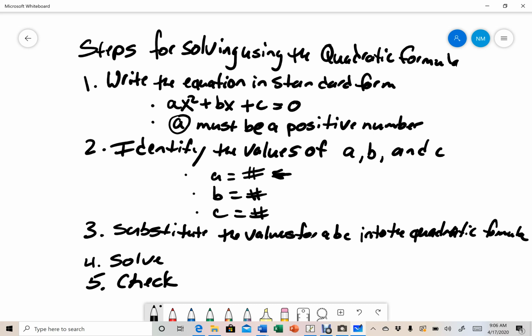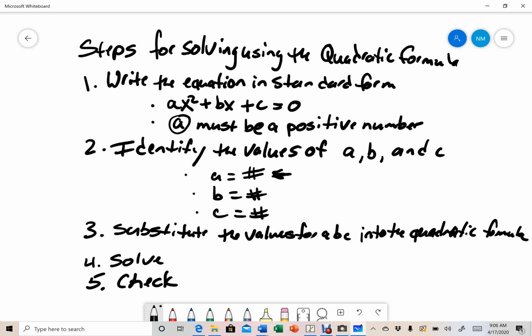First, we put it in the standard form, x squared plus x plus our whole number with no variable equals 0, making sure that our a is a positive number. In step number 2, we're just going to identify the values of a, b, and c. When I put my formula in this, a is going to be a number, so a would equal that number, b will equal that number, and then c also being a number.